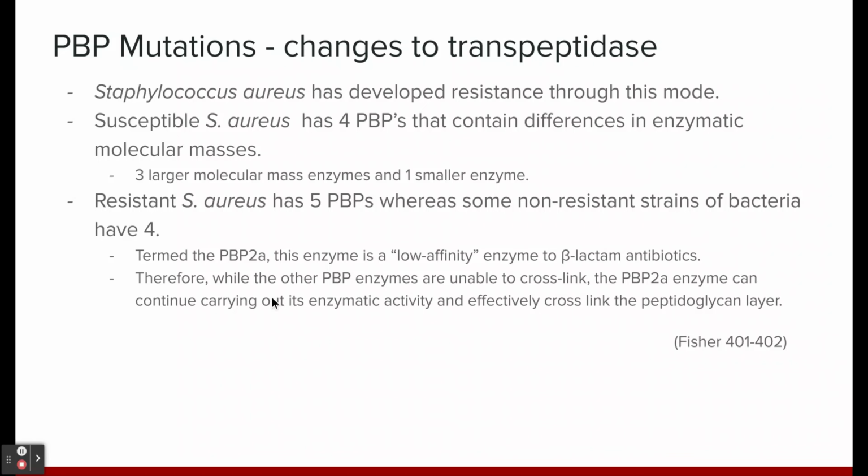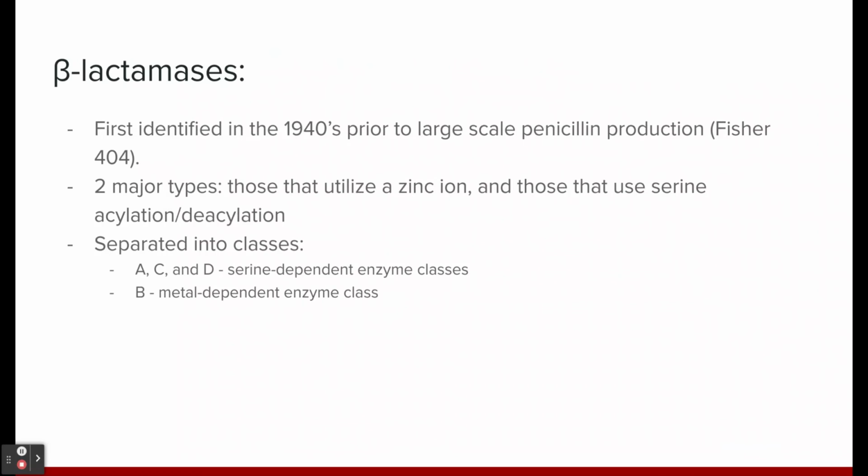Therefore, while the other PBP enzymes are unable to cross-link, the PBP2A enzyme continues to carry out its enzymatic activity and is able to cross-link the peptidoglycan layer. So this is one mode: conformational changes to these enzymes, rendering them able to continue cross-linking, which leads to a functioning cell wall.